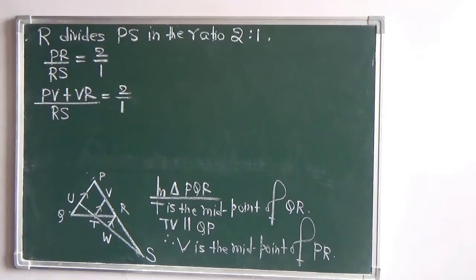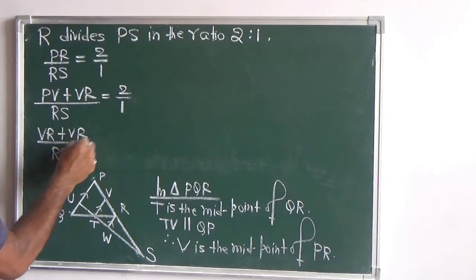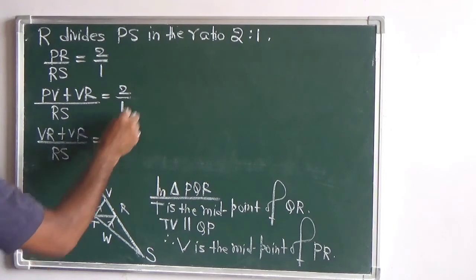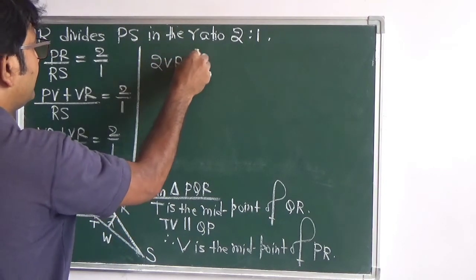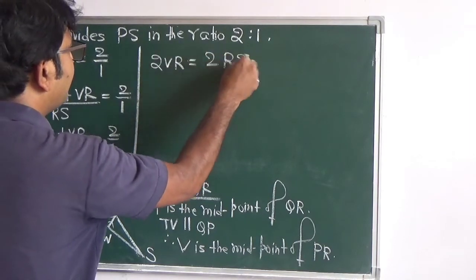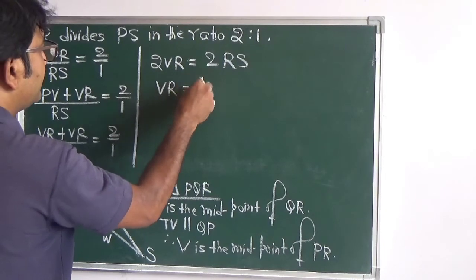Now PV and VR are equal. Since V is the midpoint of PR, we have proved PV equals VR. So we can write VR in place of PV. So VR plus VR by RS is equal to 2 by 1. So we can write twice VR is equal to twice RS. Reducing 2 on both sides, we have VR equals RS.